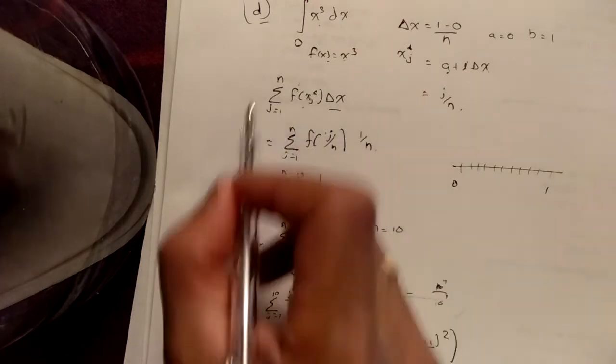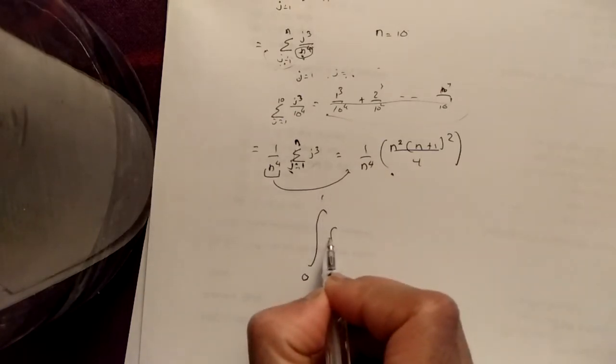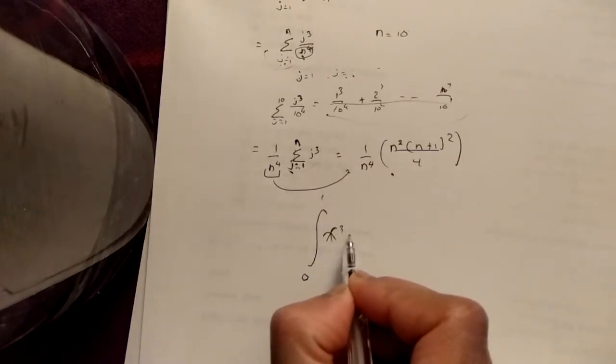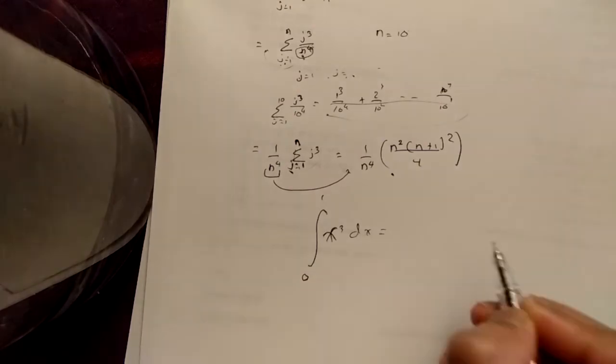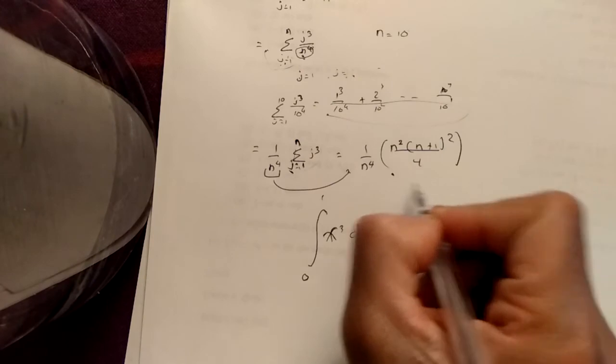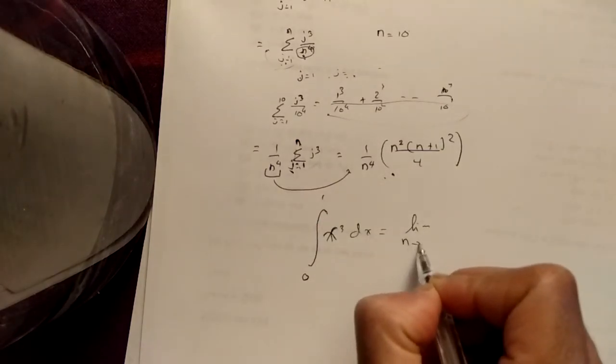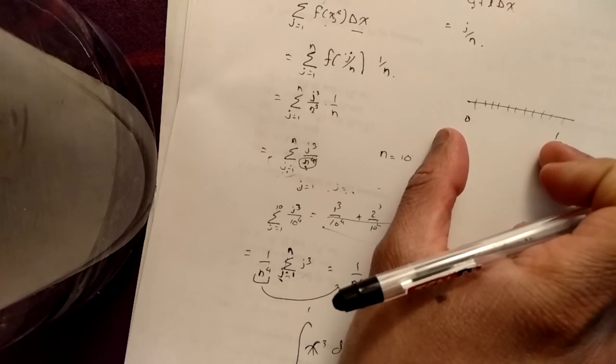So, and how are we going to relate this sigma notation to the integral? The theory is this one will be equal to this thing when n goes to infinity. That means, now what does this n represent? That represents the number of subintervals, okay?